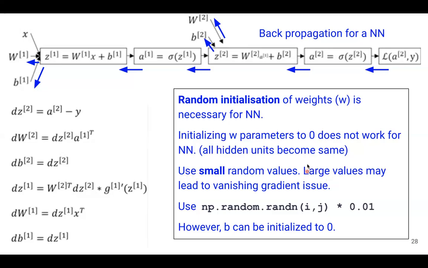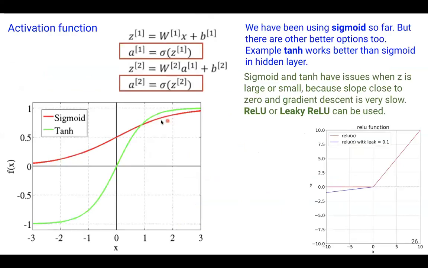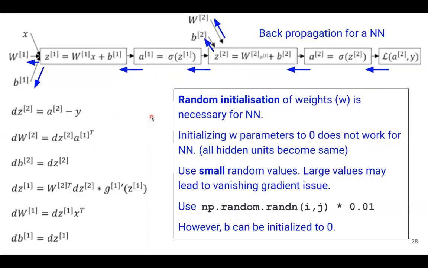Large values are a problem because you will use W to eventually compute Z. So if W is large, Z can be large, and Z being large would mean you will be pushing your gradient descent to operate in this asymptotic region, which will have the vanishing gradient issues. So keep W random but small. Generally this is how we do it. We use this NumPy random function and then multiply with a small value. B, however, can be initialized to 0. That doesn't create any problem as long as W is random.